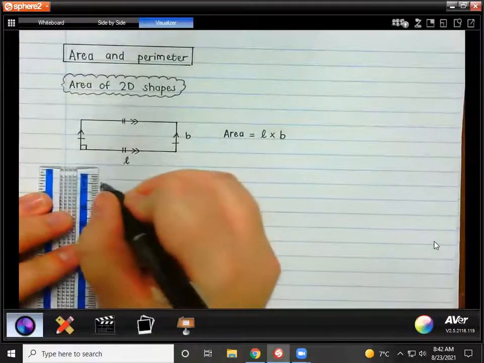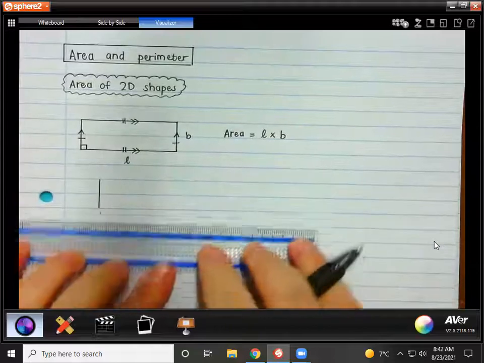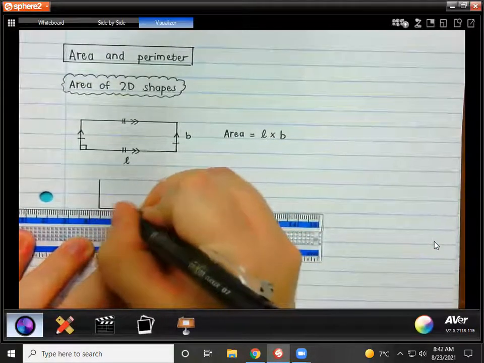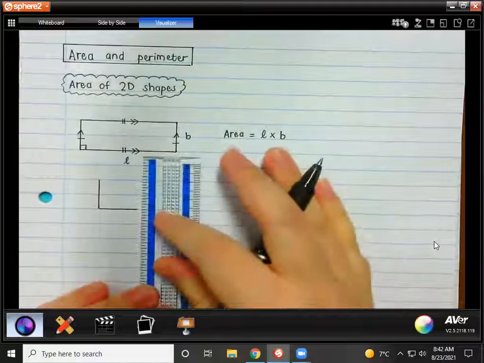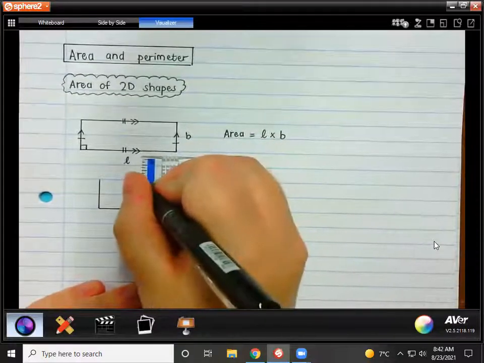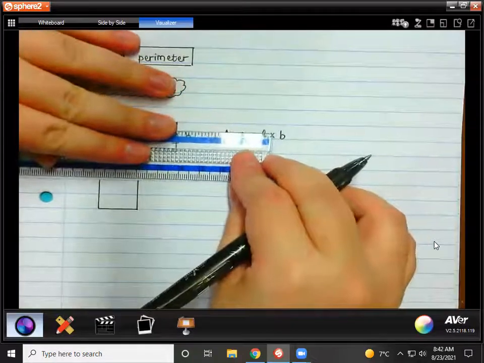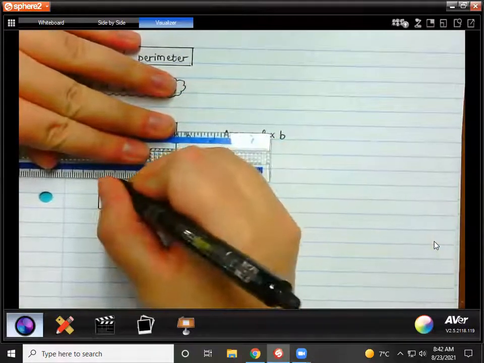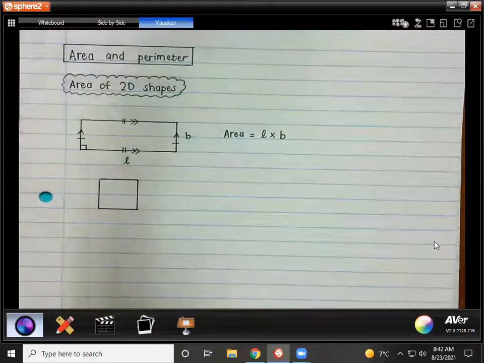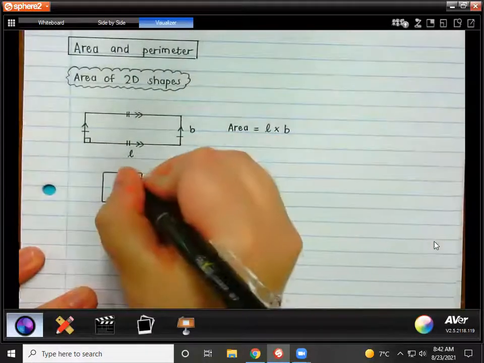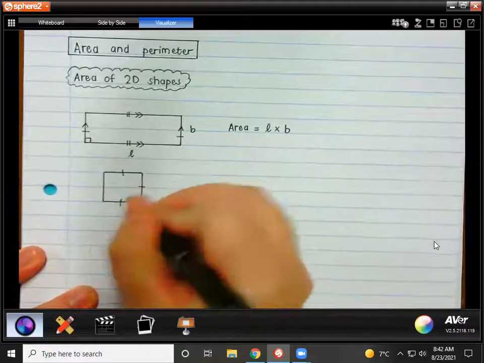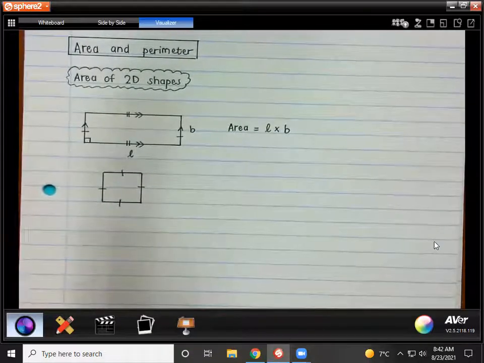Then if we have a square, I can just try and make it look like a square. Don't stress if it doesn't really look like one. With a square, we know that all 4 of the sides are equal, right? So we can just put one line on each of those sides.